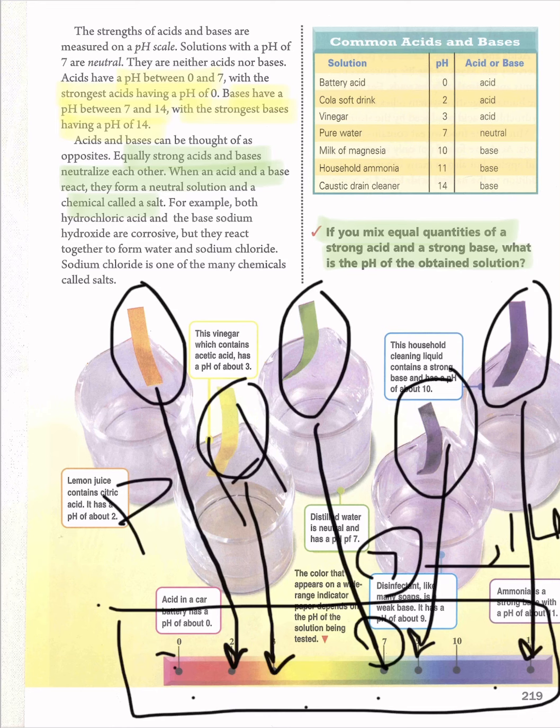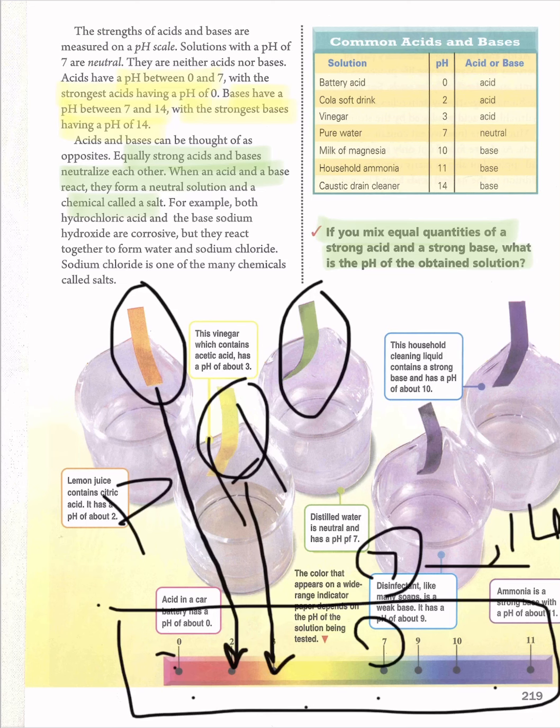Because as I explained, the pH of bases starts from 7 to 14, and the pH of acids starts from 0 to 7. The strongest acids have a pH of 0.